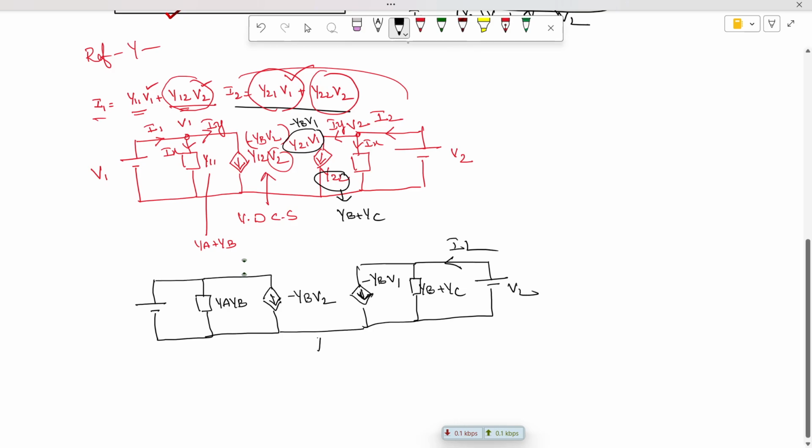So this is the equivalent circuit model of a y parameter circuit.